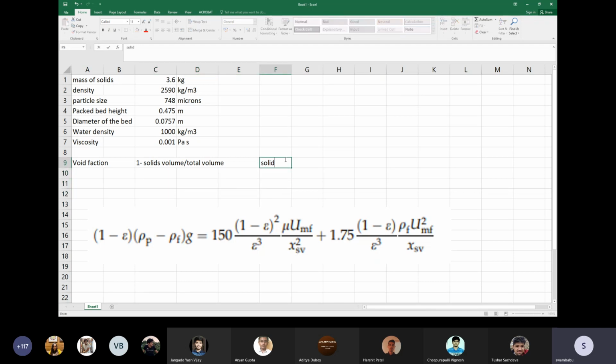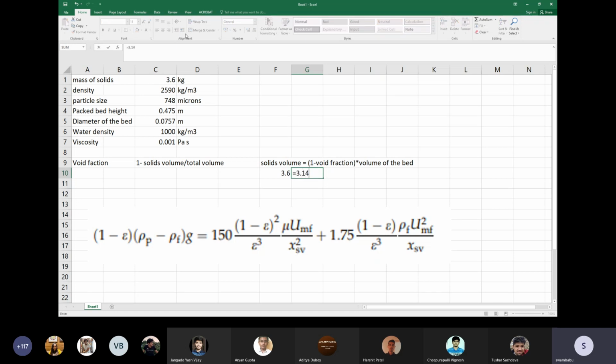Just now we have seen solids volume equals 1 minus void fraction, 1 minus epsilon, into volume of the bed. So 3.6 is the solid mass, and void fraction I need to calculate. We will calculate the volume of bed.